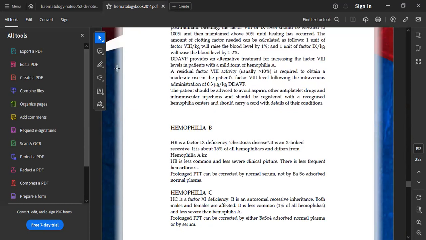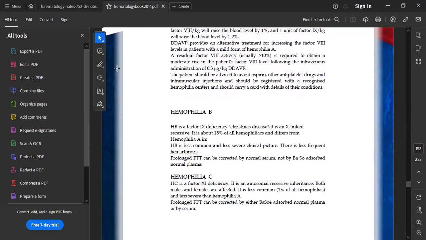Hemophilia B is also X-linked, but it's recessive. It is a deficiency of factor 9. It is less common and less severe than hemophilia A.